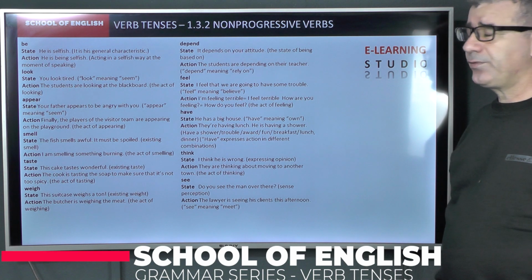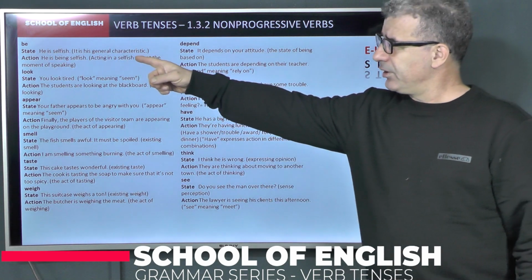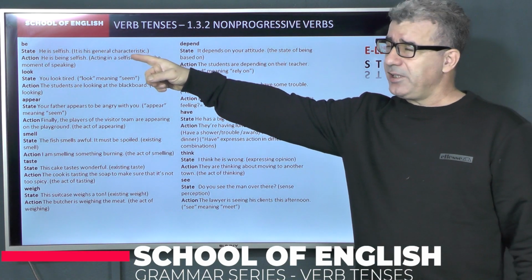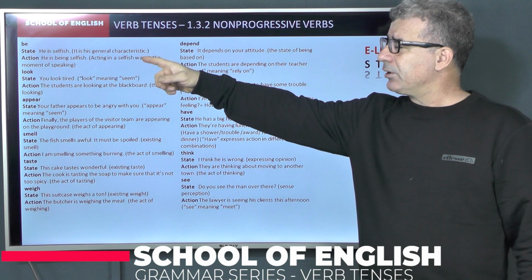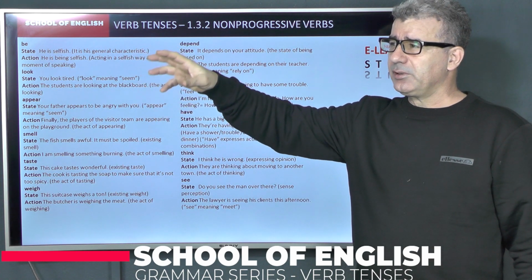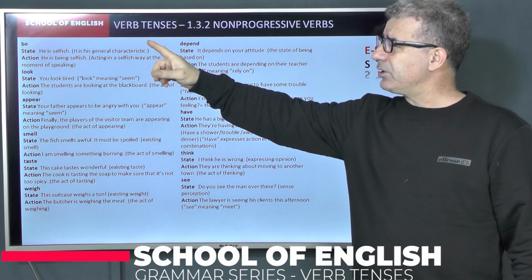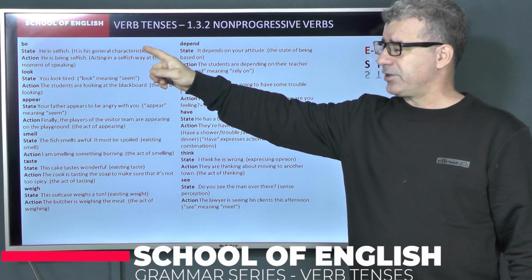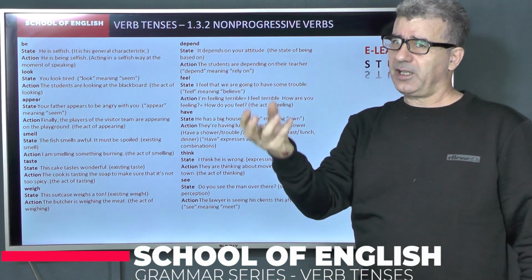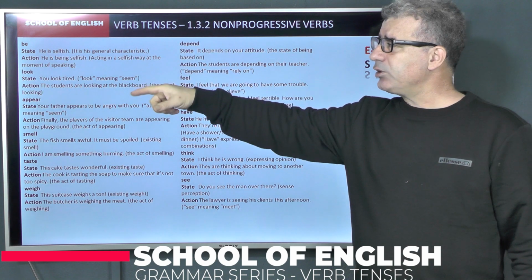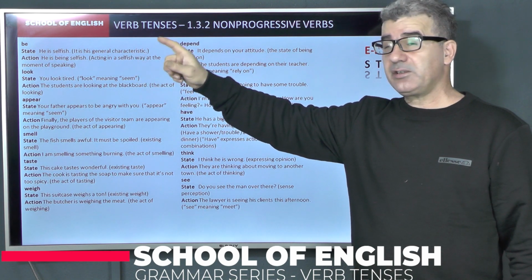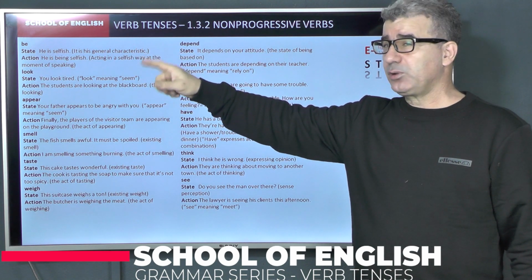The first example indicates state. He is selfish. In this example, it is his general characteristic. So it indicates state. The second example, let's have a look at it.